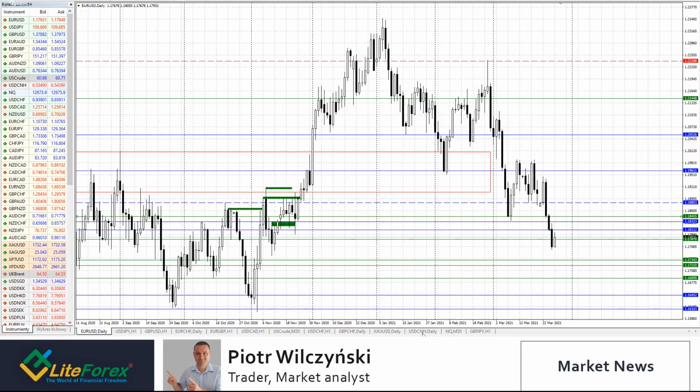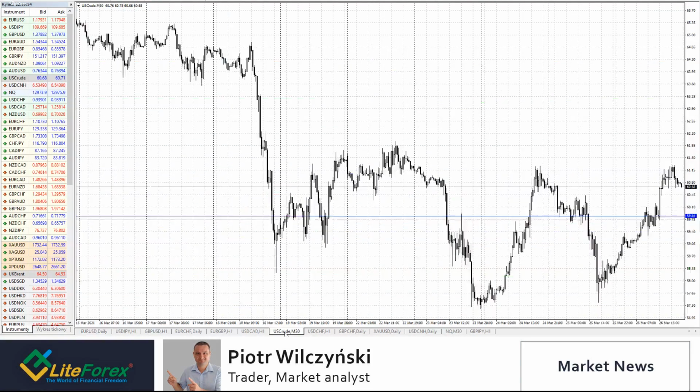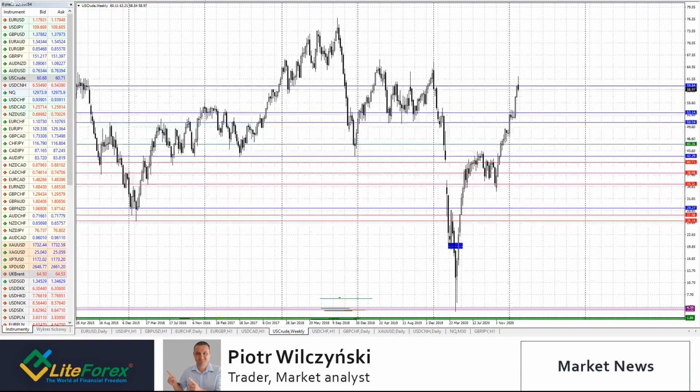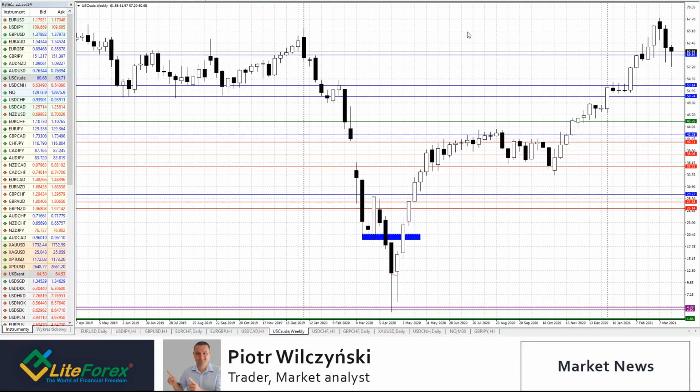All right, let's switch to crude. After the initial sell-off, the bulls were able to get back higher, and the very important thing is that the market got back above the psychological 60 level.